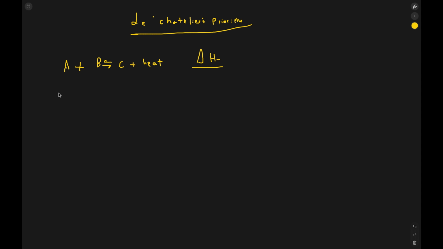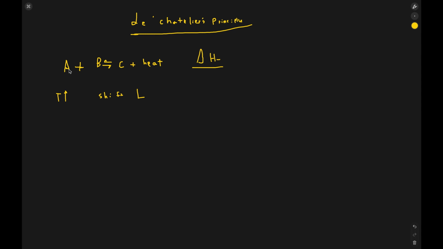Let's say if you increase the temperature, since heat is a product, the reaction will shift towards the reactant side, will shift to the left to relieve the stress.